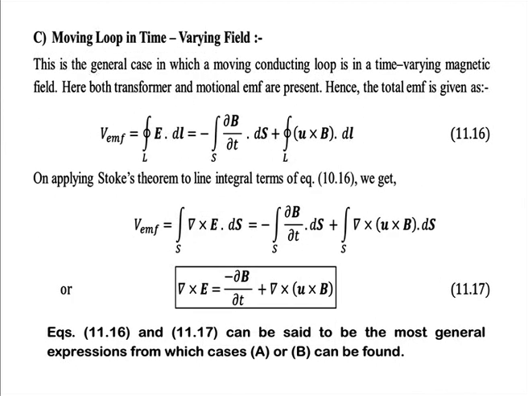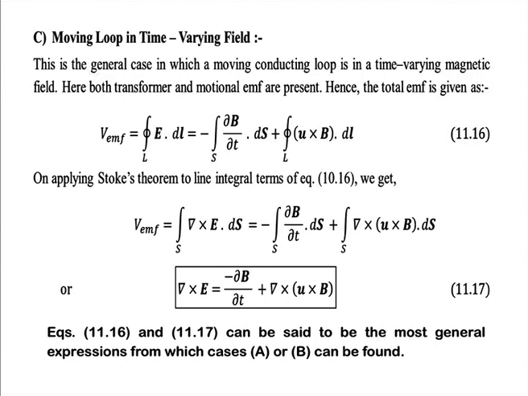The third case is the most general case, which is of a moving loop in a time varying magnetic field. Here both the transformer and the motional EMF would be present. The total EMF is given in equation 11.16, where on the right hand side we have the surface and line integral.